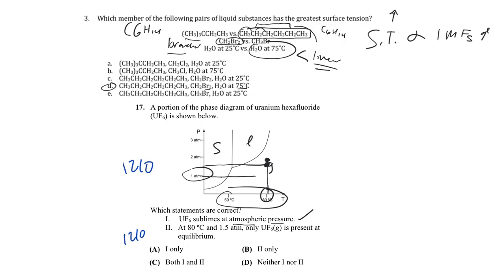But we're pretty solidly in the gas phase. It says at this temperature and pressure, only the gas is present, and that is correct too. So we're just reading the graph, trying to see where the point would be in the diagram. If we said 60 degrees and 3 atmospheres, then that would be pretty clearly on the liquid side.